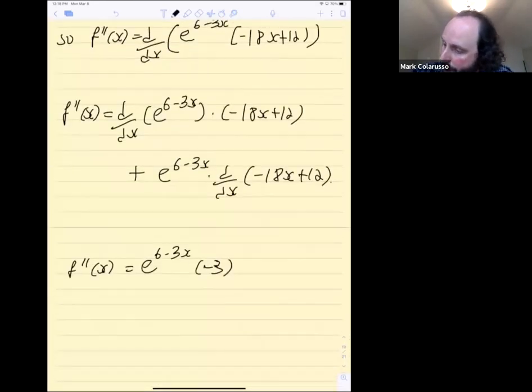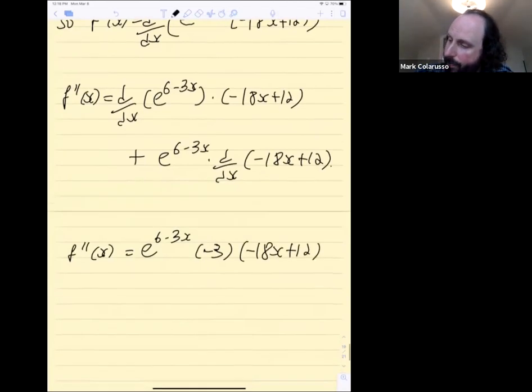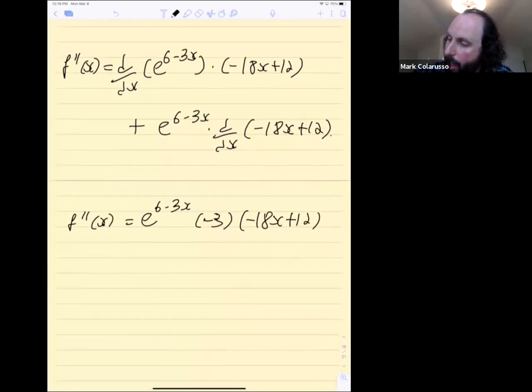And then multiply it by this guy. And then the second guy, the derivative of this is just minus 18.